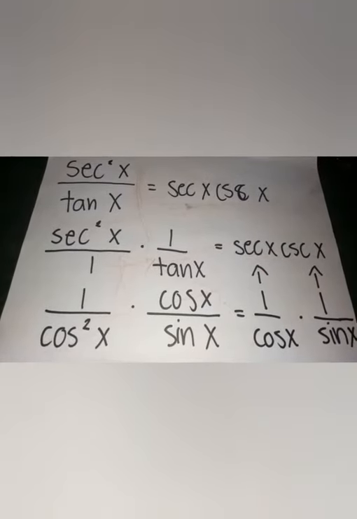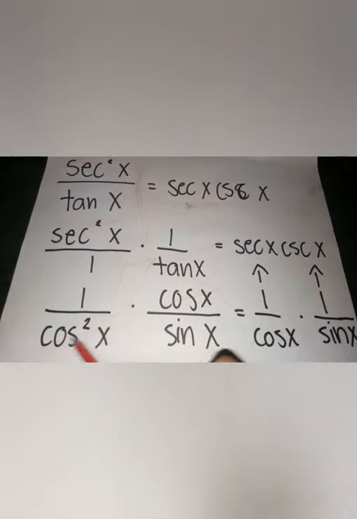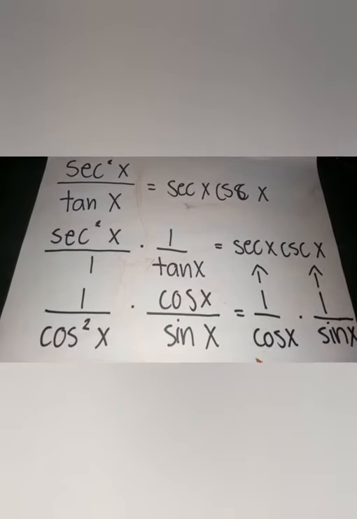And after that, we will cross out, and it will be 1 over cosine x multiplied by 1 over sin x, which is equal to secant x multiplied by cosecant x. And this equation is an identity because this is equal to this.